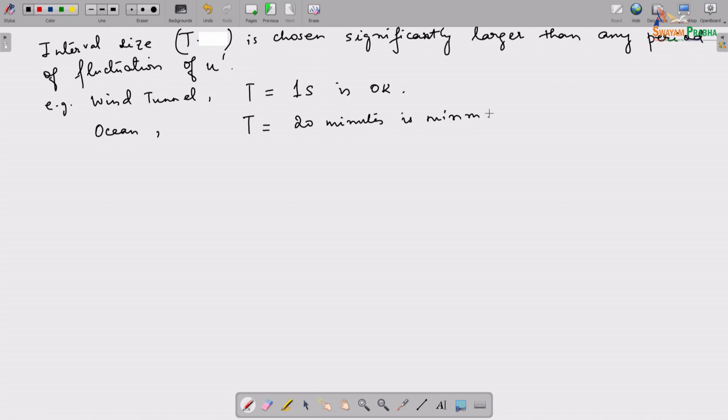You understand what I am trying to say here. If you want to get a fair enough picture of the ocean surface, then you should be averaging data over say 20 minutes to half an hour. You drop all that data and then when you plot it, basically it's every 20 minutes how it looks like, right.